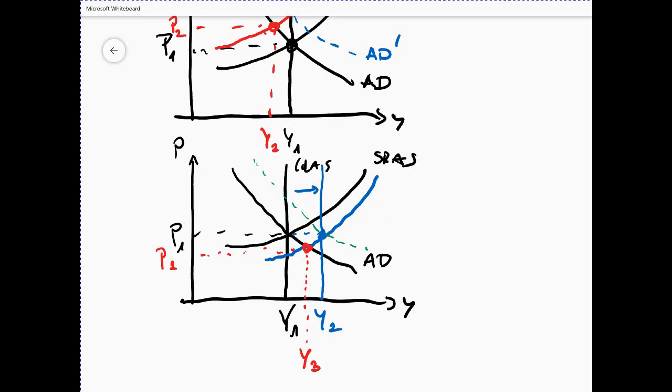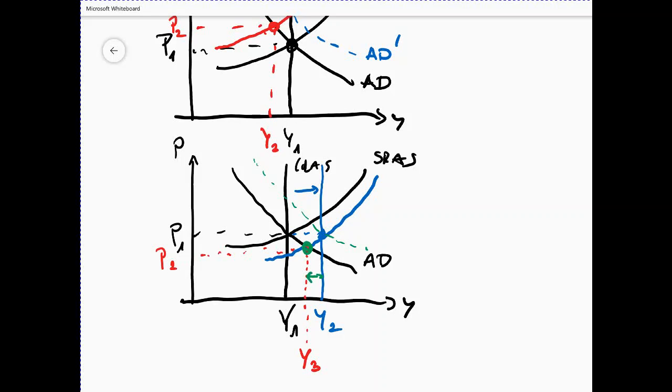If you don't do anything, then sooner or later the workers are going to experience unemployment, because when the economy is here, that means that actually the actual output is less than the potential output. So there is an unemployment in the economy.